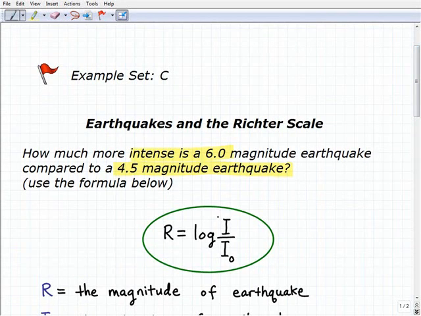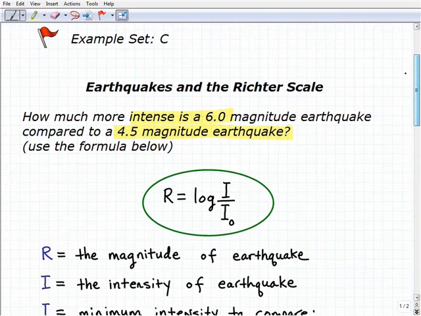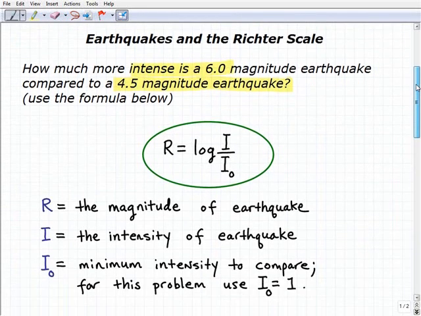Earthquakes increase exponentially in their strength. The difference between a 2, a 3, a 4, and a 5 is not one fold; they go up exponentially stronger. But this particular equation is going to help us figure out the intensity given the magnitude.